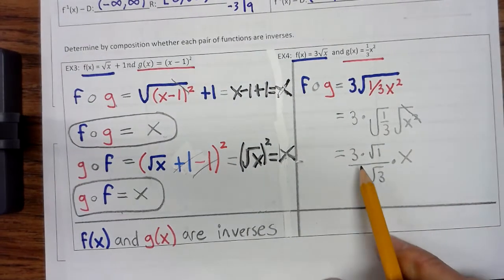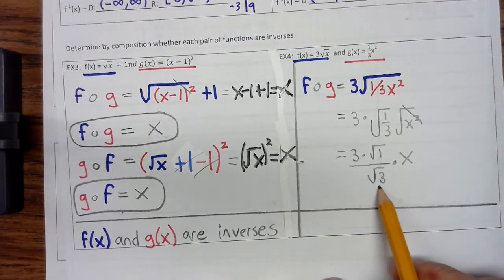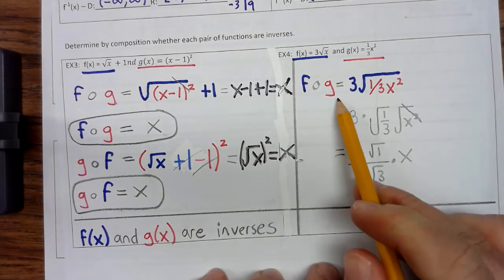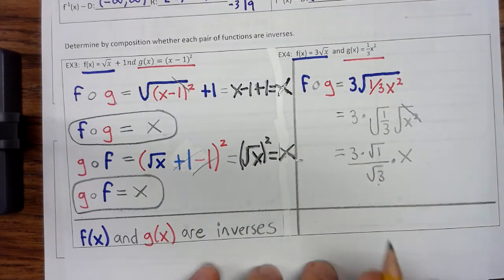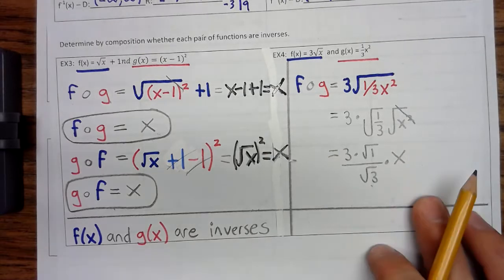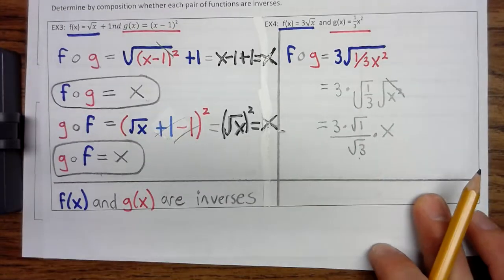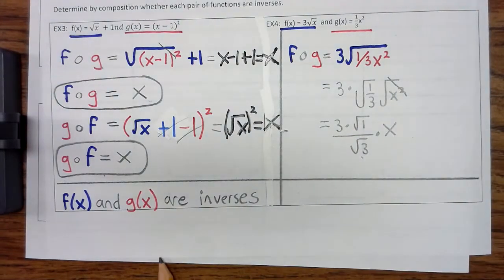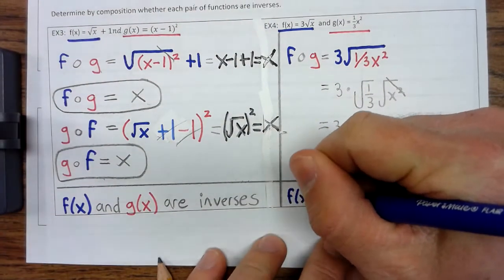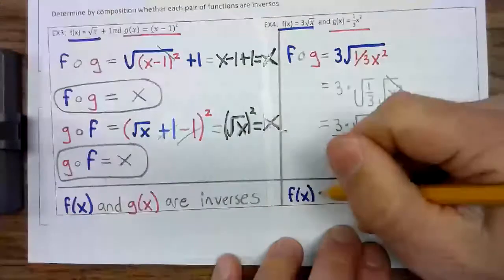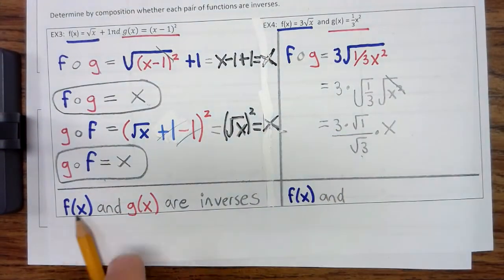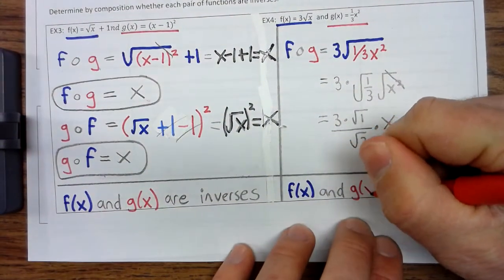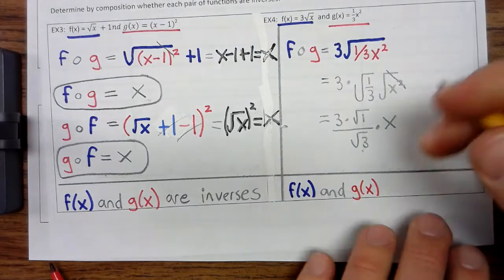You can see that 3 and the square root of 3 aren't going to reduce, so f of g is not going to equal x. So at that point you're done, because remember they both have to equal x. So since one doesn't, then we can say automatically that f of x and g of x are not inverses.